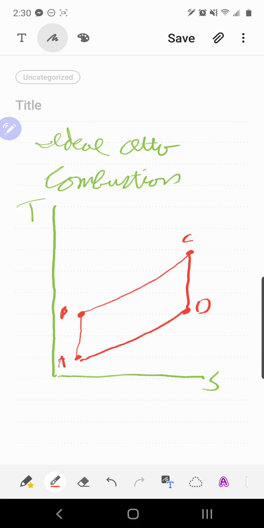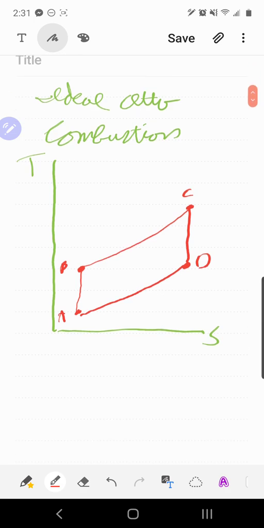All right. So with this, you can see what's going on in this picture. S is our entropy, T temperature. We can see we have two sections on this. We have AB and CD, which are isentropic.